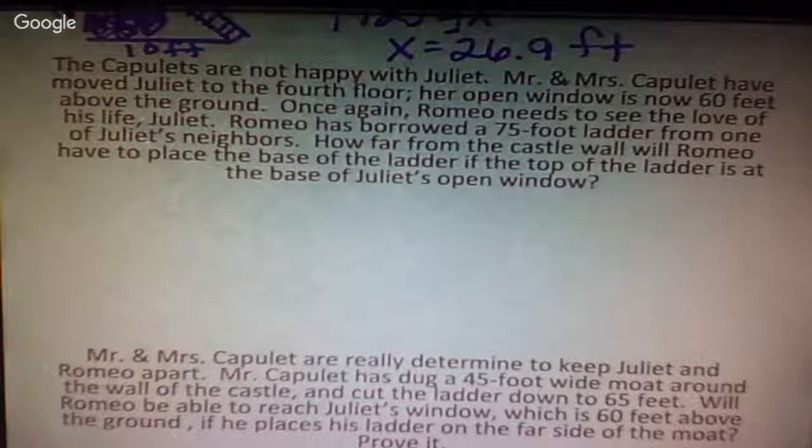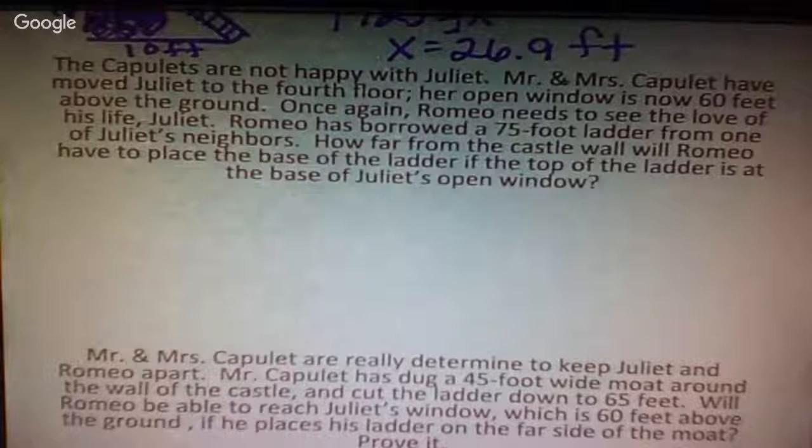Careful, your 75 foot is your what? It's your ladder. So where does 75 foot go? Ah, there you go. Good. It ain't the same if they're not asking.